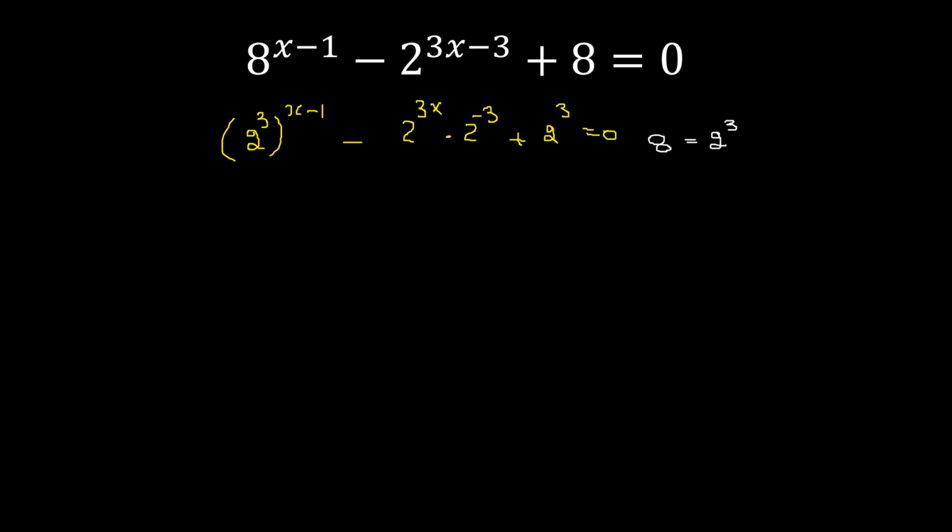So here I have used the property that a raised to power m plus n is the same as a raised to power m multiplied by a raised to power n.